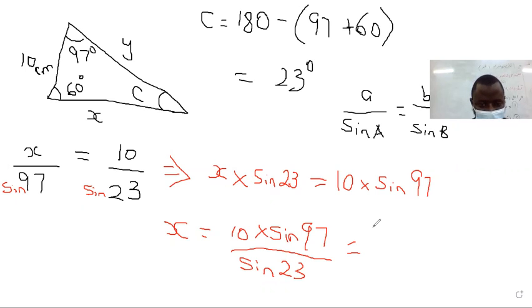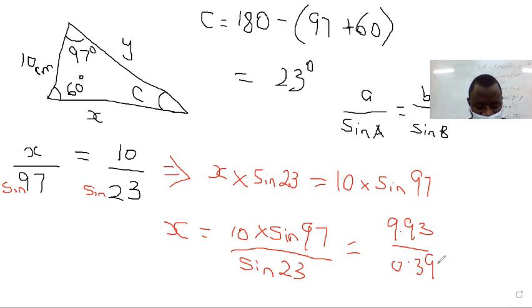What is 10 sine 97? 10 multiply sine of 97. That's 9.93, right? 9.93 divide sine 23. What is sine 23? 0.39.